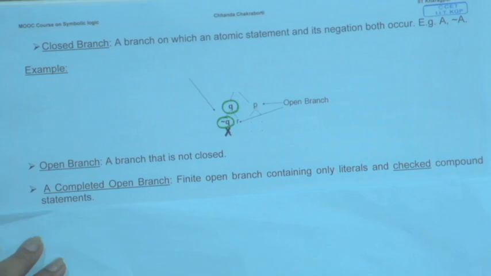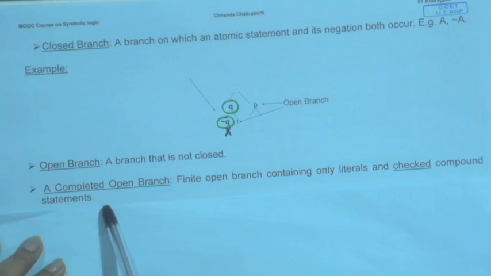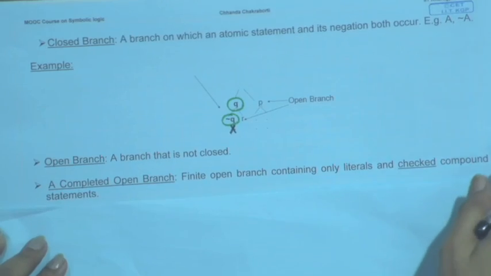When do you tick it? When decomposition has been done on it. So, in a way, a completed open branch is an open branch in which all decompositions that were to be done on that branch are over, finished, done, yet it has not closed down. Okay? So, that is what is known as a completed open branch.